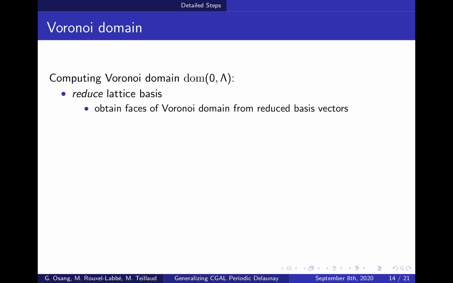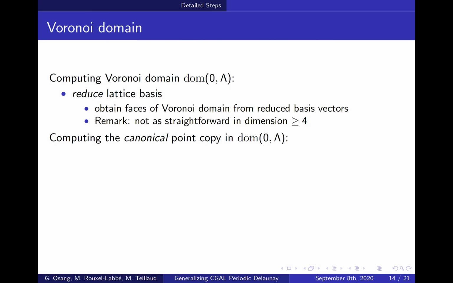In particular, the faces are normal to certain combinations of the basis vectors. This works at least in 2 and 3 dimensions. We only do the 2 and 3 dimensional case, but if one wanted to implement this more generally, it would become a bit more complicated. It doesn't work as straightforwardly anymore.